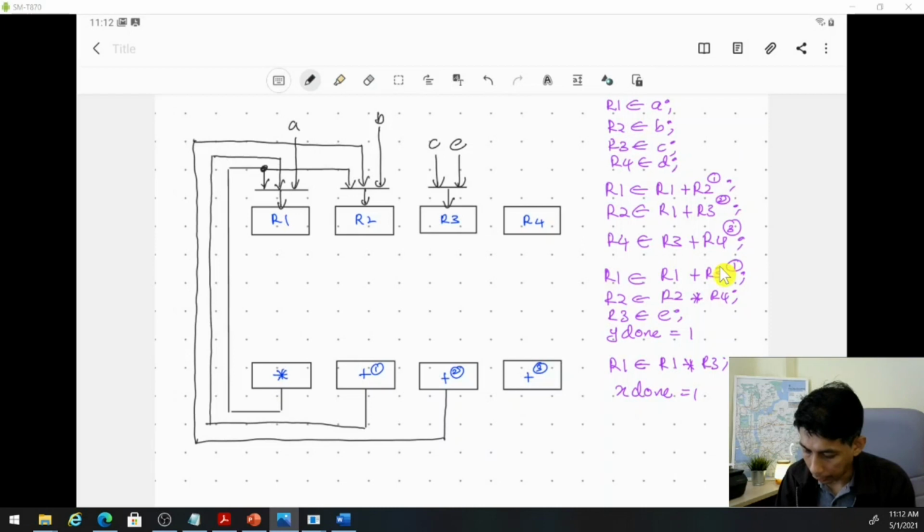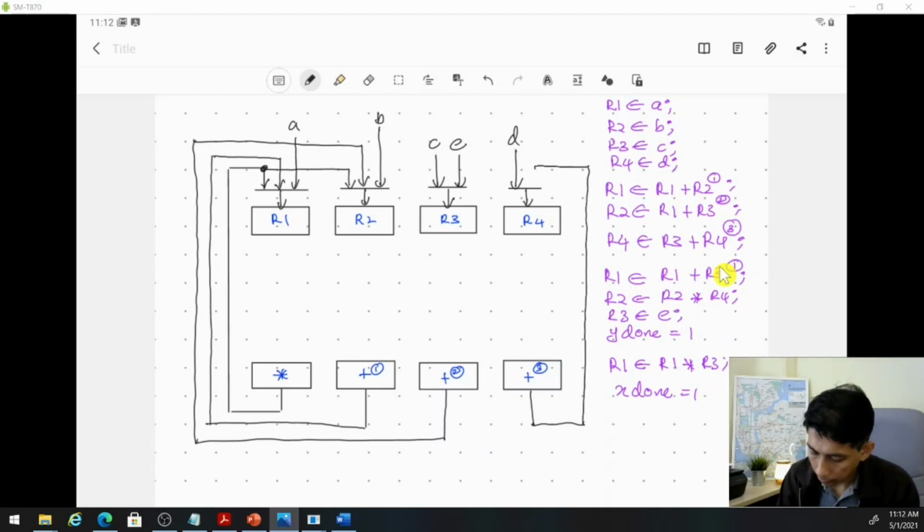So we can have 2 to 1 multiplexer. And we can have this for D, and this is adder number 3. All right. For input to the R4. So done. So this should be the input to the register that we have.